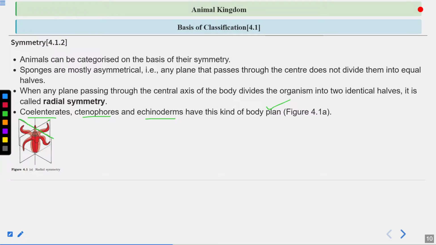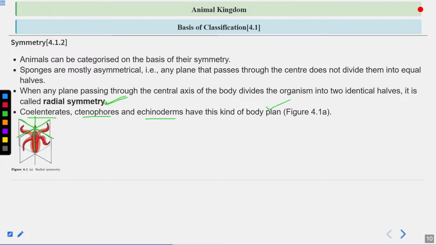You can divide this organism with this plane into two equal halves, with this plane too, and with this plane as well. So there are a number of planes that pass through the center of the organism and divide it into two equal halves. Such type of symmetry is called radial symmetry.